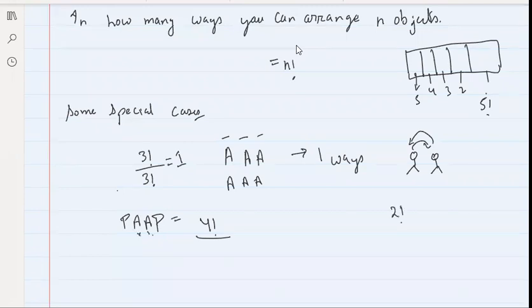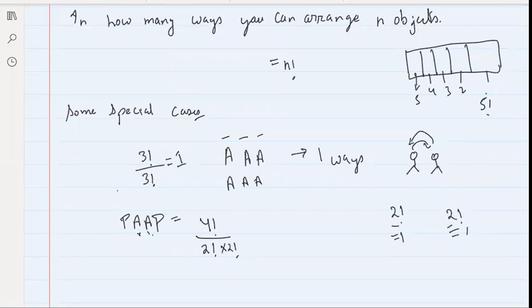I'm considering 2 factorial for the A's, and I'm also considering 2 factorial for the P's. But these 2 factorials are nothing but 1. So I'm multiplying 2 factorial into 2 factorial extra. So what I have to do? I have to divide this by 2 factorial into 2 factorial, yes or no?